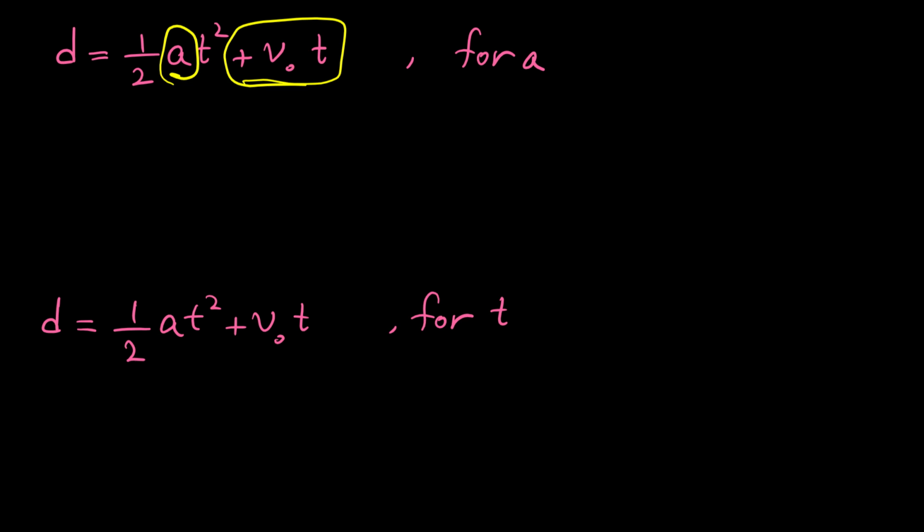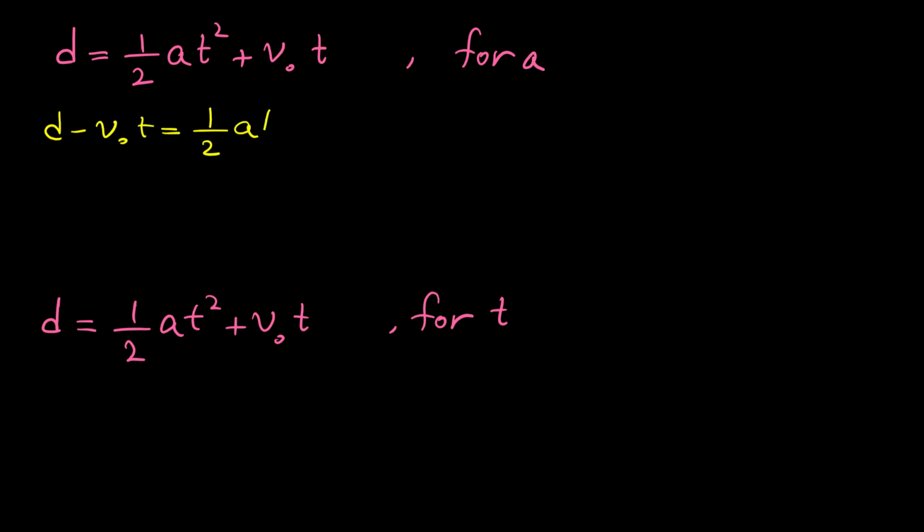When we want to find the unknown, we move the extra numbers to the other side and we keep the unknown on one side. So we move v0 t to the left. Then, by moving v0 t to the left, we have d minus v0 t is equal to 1/2 a t to the 2.